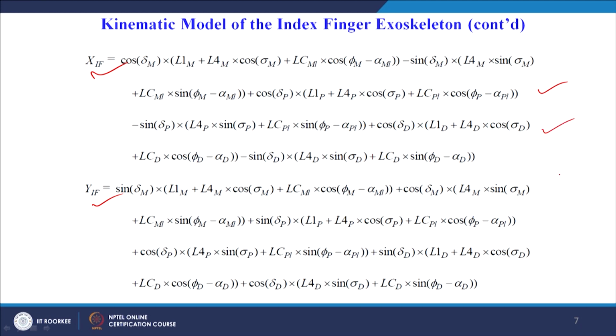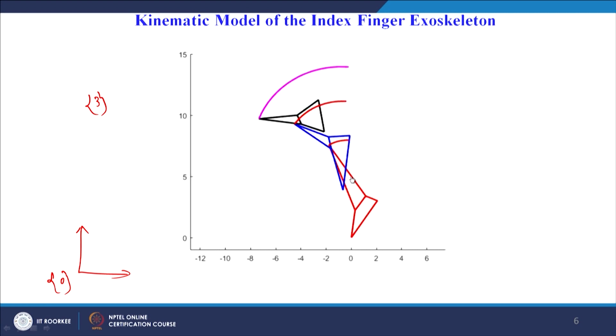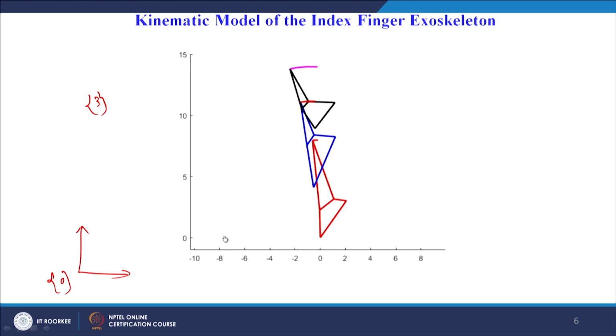This complex equation is obtained through a closed loop equation that starts from the base frame and ends up in the tip frame, which is here. We started here with the closed loop equation, then reached here, then this coupler.